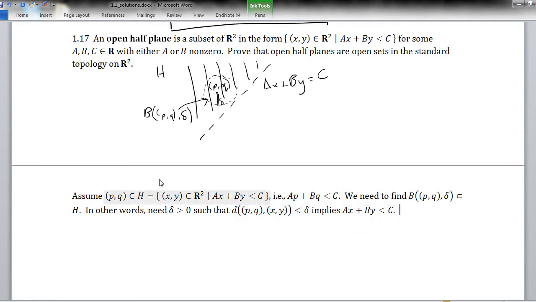Okay, well, let's draw a picture for a moment, thinking about this inequality here. Actually, let me write down one more thing before we do that.